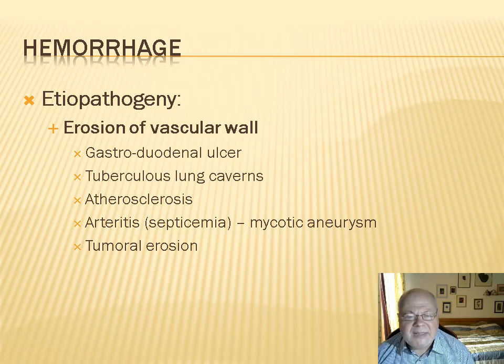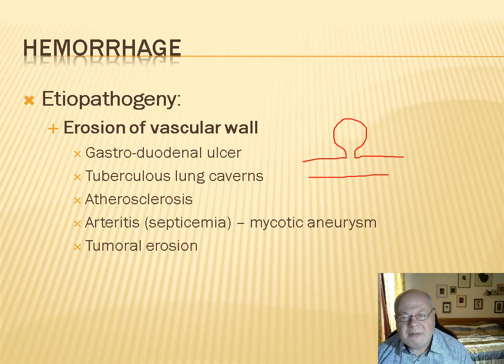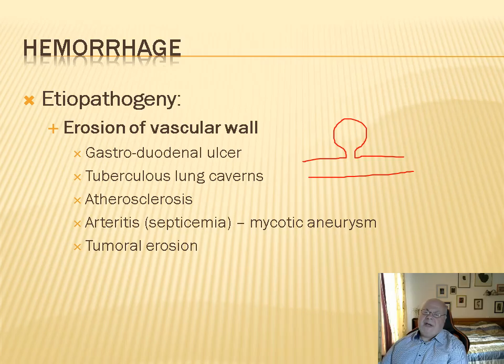It's called mycotic despite the fact that the etiology is microbial, because the aneurysm, this mycotic one, looks like a mushroom. This macroscopic appearance is also seen on arteriographic examination, generating the name of mycotic aneurysm. It looks like a mushroom, but it's not mycotic in etiology.